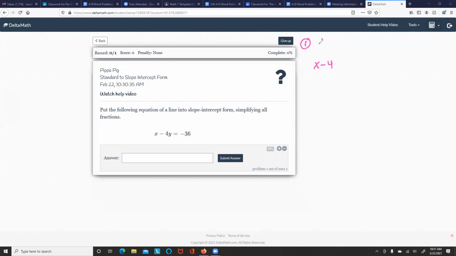Right now I'm just doing an example, which you can either write down in your notes or on your scratch paper. I would write it down in your notes, and then the next one you should write down on your scratch paper. Okay. So X minus 4Y equals negative 36. Well, we want to get in slope intercept form, which means we want to solve it for y and get it y equals. So what should we do first, guys, to get this into y equals?